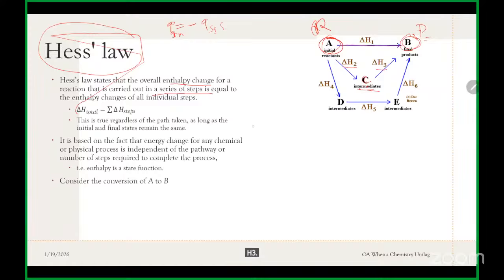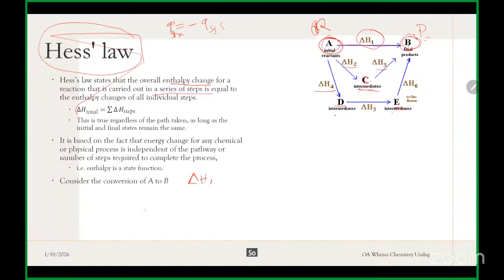It's also possible that you go through two intermediates. So what Hess's law is saying is that A can go directly to B, or can go from A to C, then finally to B, or from A to D, D to E, then finally to B. The total enthalpy of directly going from A to B is delta H1.